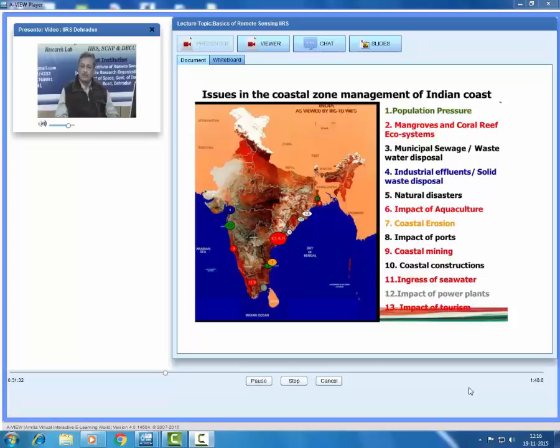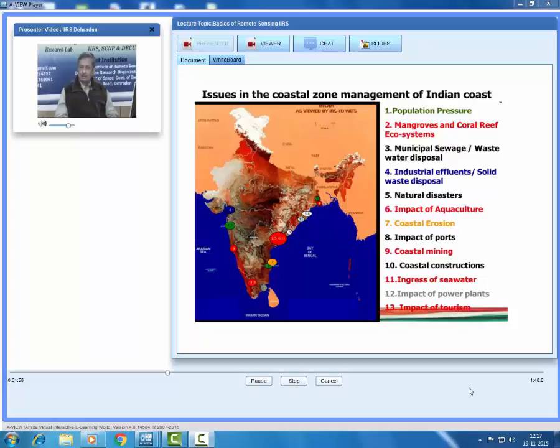Lots of natural disasters are hampering the coastal ecology, like cyclone, coastal erosion, storm surge, and recently another huge natural disaster, tsunami. Also, the impact of aquaculture, which degrades the coastal water quality and soil quality, is very important.